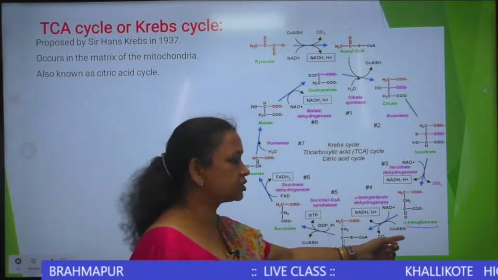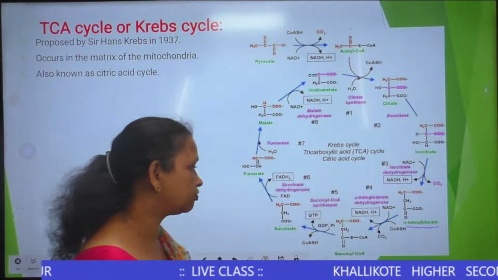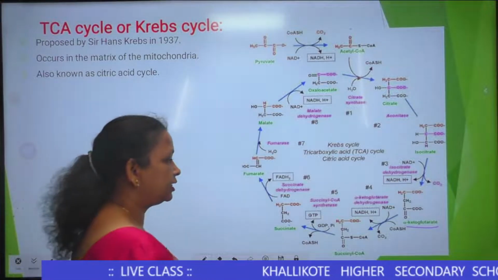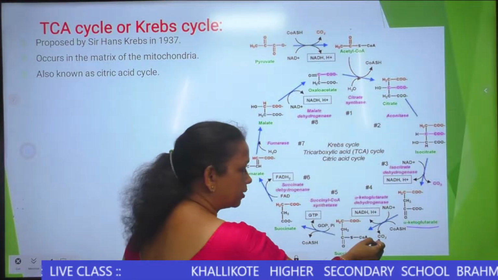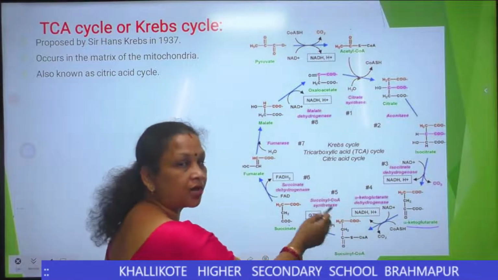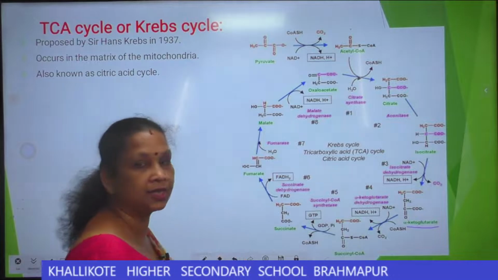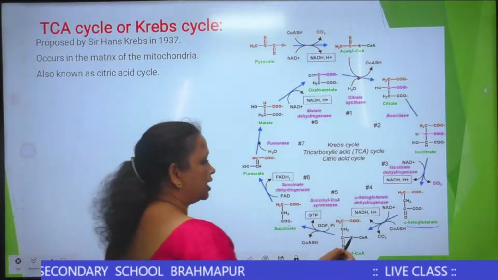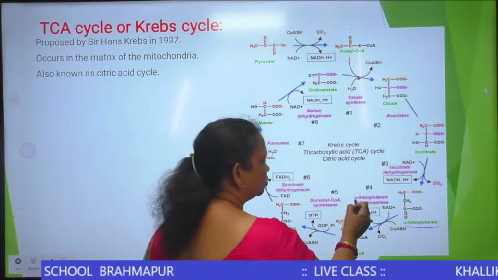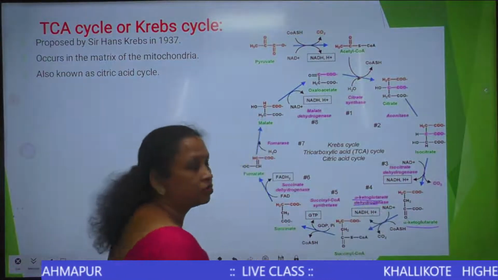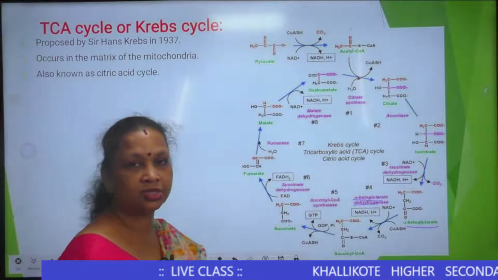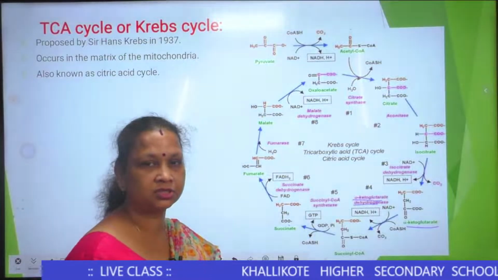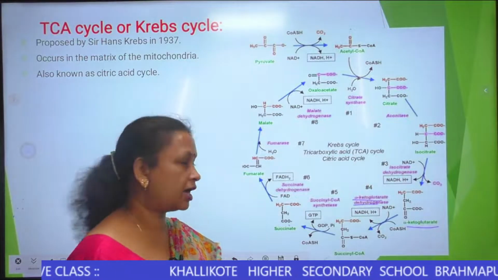So, this molecule alpha ketoglutarate is 5-carbon. Again there is oxidative decarboxylation of alpha ketoglutarate releasing a molecule of carbon dioxide, a pair of hydrogen accepted by NAD to become NADH plus H plus. The enzyme is alpha ketoglutarate dehydrogenase. So, the function of this dehydrogenase enzyme is to remove hydrogen.